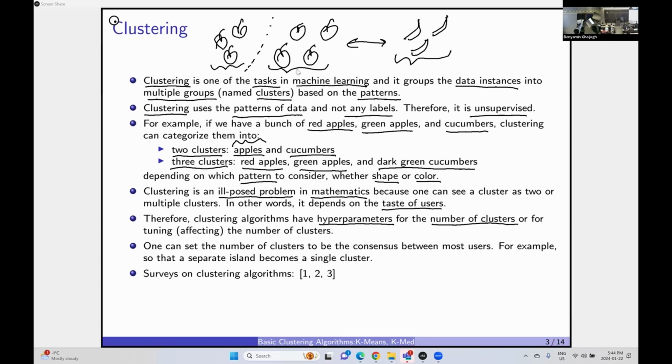So that's one thing. And what is a hyperparameter? A hyperparameter is not learned. It's set by the user. We just set it to some value. Okay. And finding the best hyperparameter means cross-validation. I believe both Morteza and the TA, and also me at the end of the last session, talked about cross-validation, right?